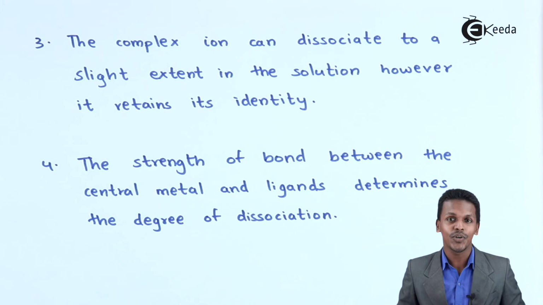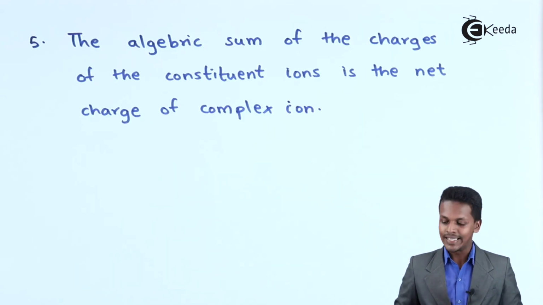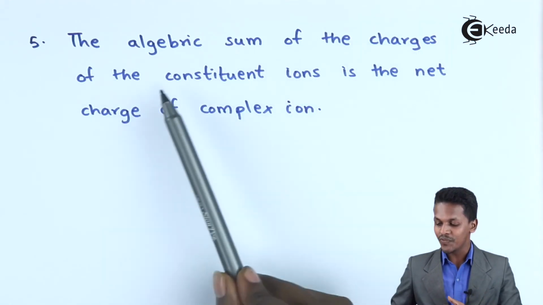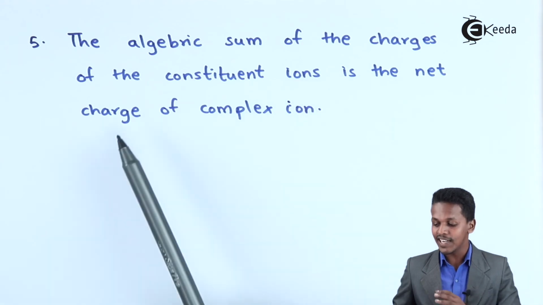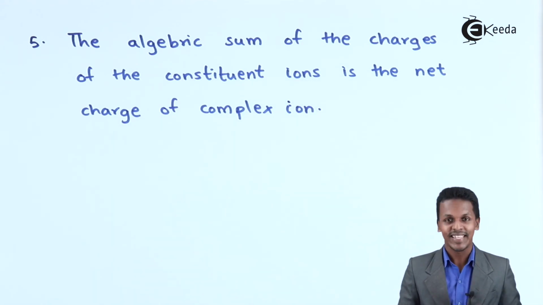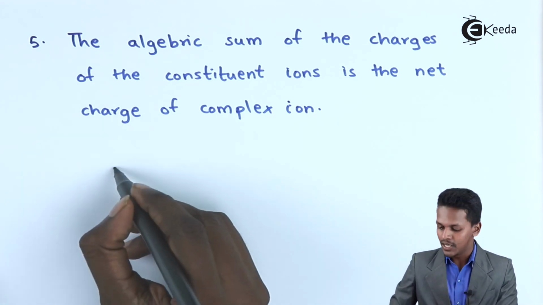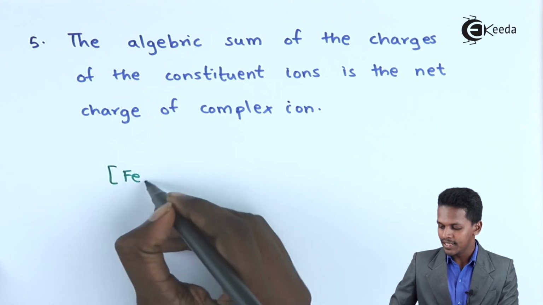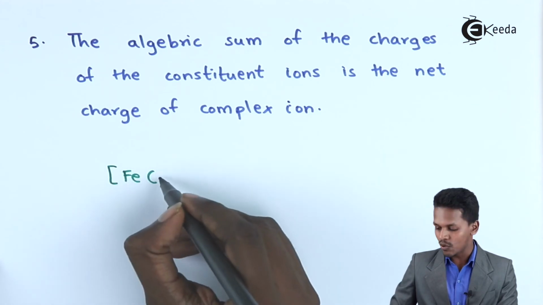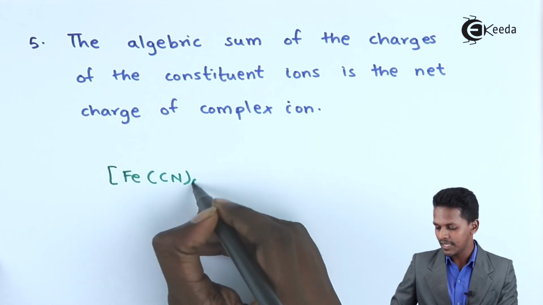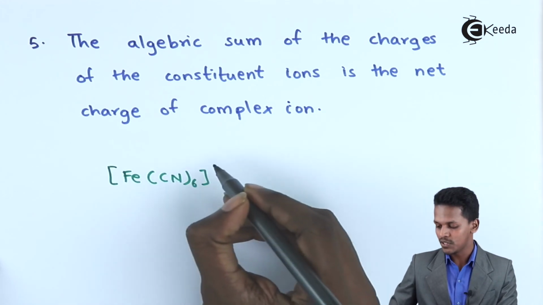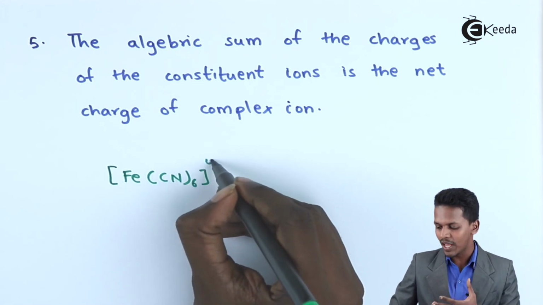So talking about the next point, the algebraic sum of the charges of the constituent ions is the net charge of the complex ion. Let me explain with the help of an example. Suppose I'm talking about the ferrocyanide complex or ferrocyanide ions. In that case, the Fe is surrounded by 6 cyanide ligands, and the overall complex has been found to have a charge of 4-.